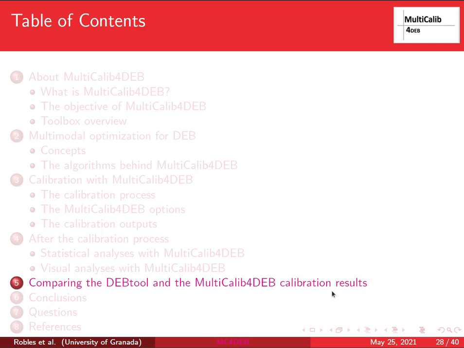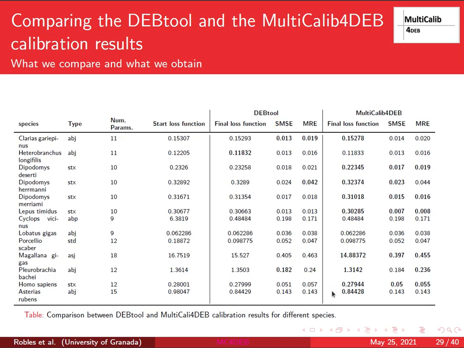Let's finish with a comparison between MultiCalifor Dev and DevTools and the final conclusions. We share with you some calibration results we have reached for different species of different types and parameter sizes. As you can observe in the current table, MultiCalifor Dev is able to successfully calibrate species with different complexities.